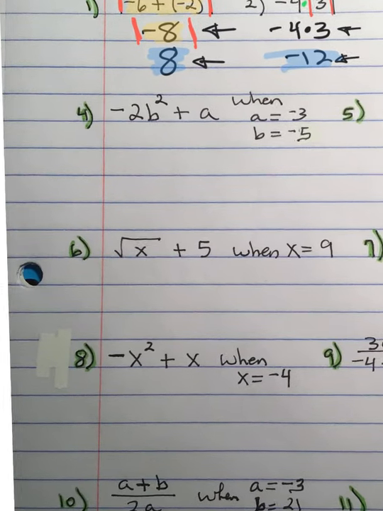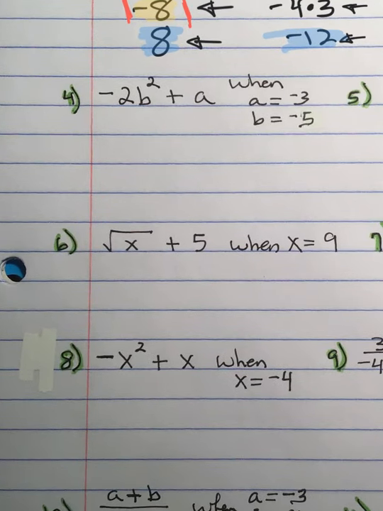On number 4, you guys are still forgetting the parentheses around the base. You must have a parentheses just around the base when you're substituting for an exponential type expression. So you should have had as your first line -2 times, and you should have had a parentheses, and then in place of B, we're putting -5.